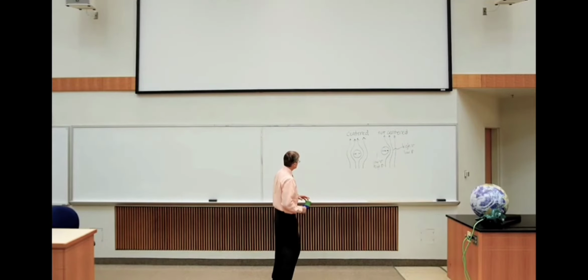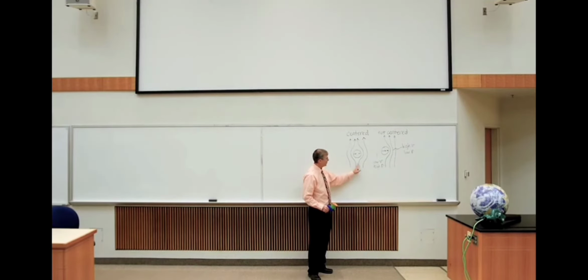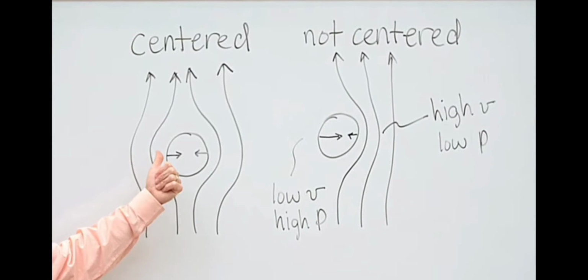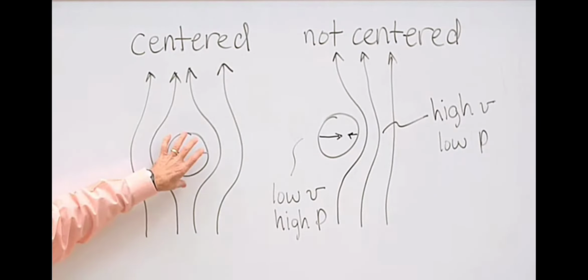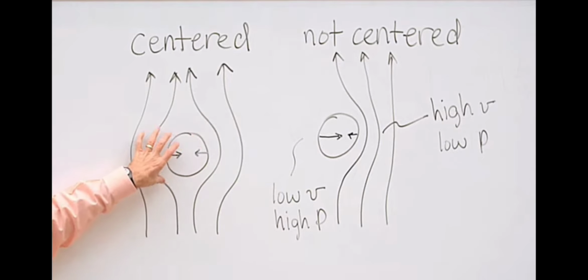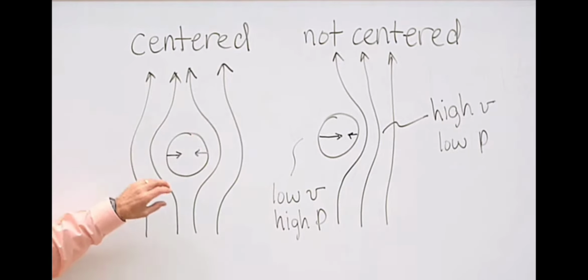The principle is that the uprushing air holds the ball up. There's some momentum transfer when the air hits the bottom of the ball and it holds it up. So that part is not so mysterious. The part that is mysterious, and was to me, was what happens if that ball gets off-centered?